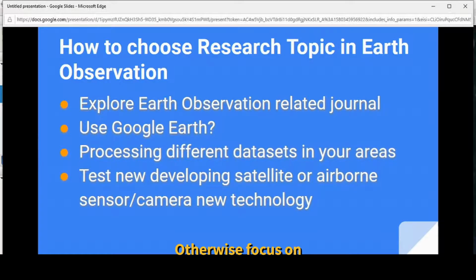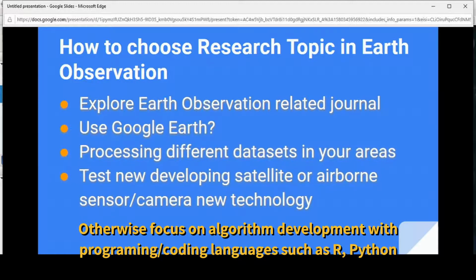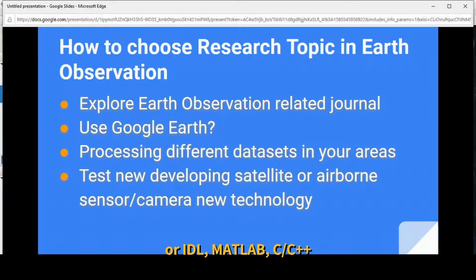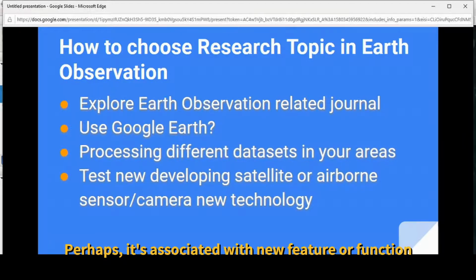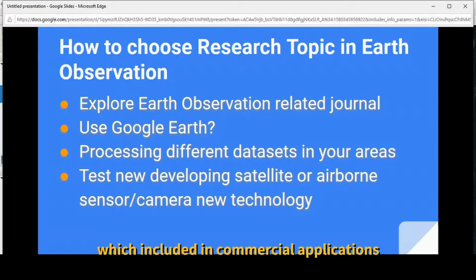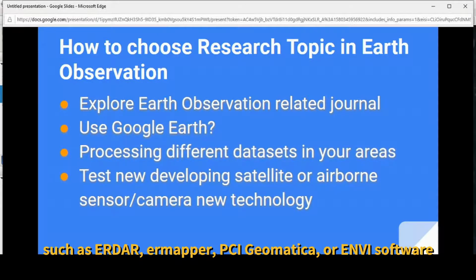Otherwise, please focus on algorithm development with a programming language like R, Python, IDL, MATLAB, and also C and C++, related to this topic. Develop a new feature or function, including for existing commercial applications like ArcGIS, ER Mapper, PCI Geomatica, or other software.